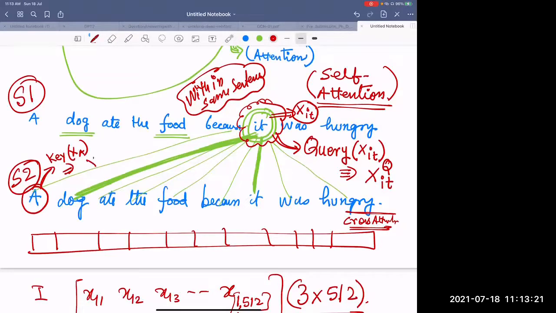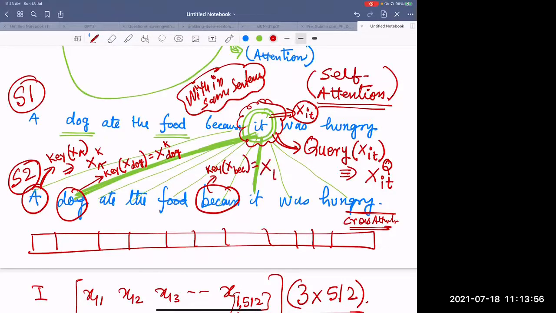Please keep on writing; believe me, if you are writing, you will be able to understand. Similarly for this, when you apply the key function over this, you will get x key dog. This will become x key because, which is equal to key of x of because.